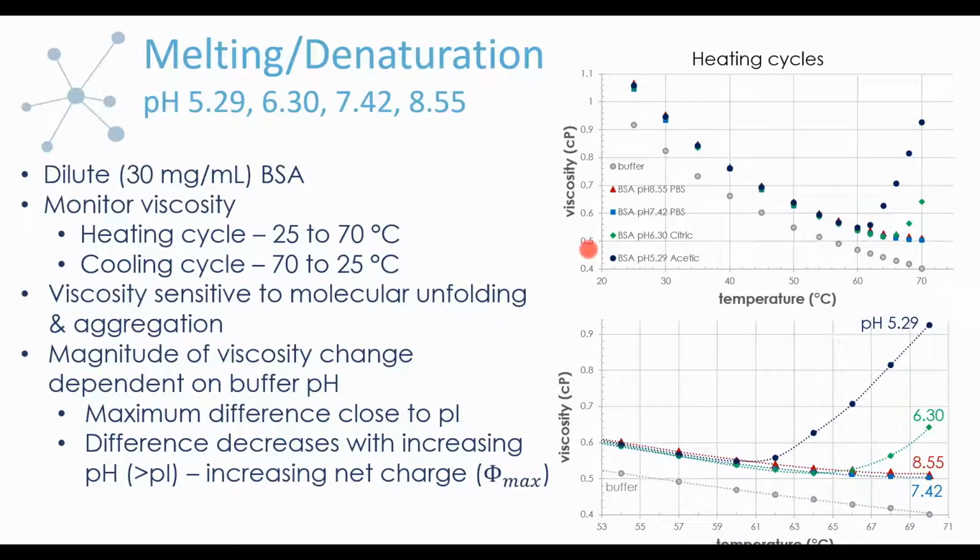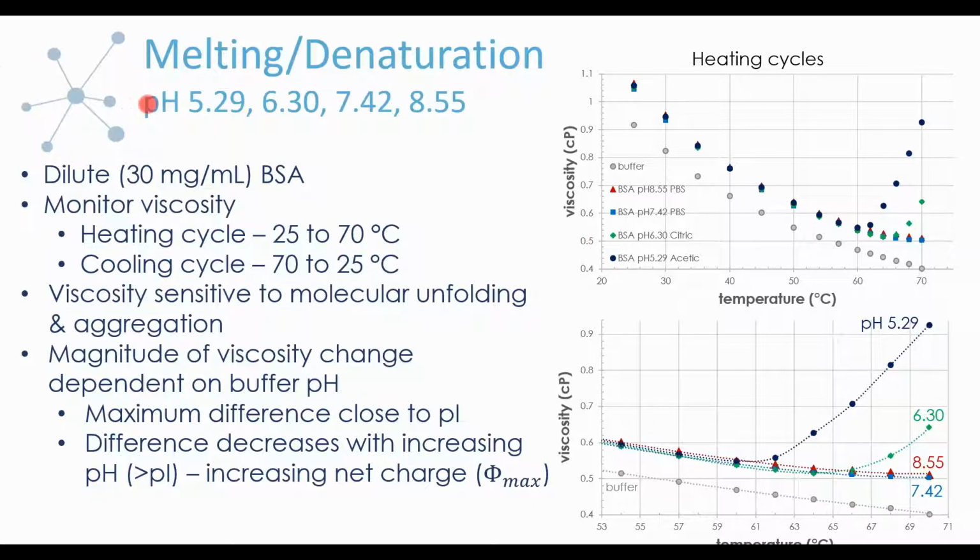We've shown some data in the past for a single buffer composition where we were able to see this transition. Now we wanted to see whether we can detect changes in this behavior in the transition region as we adjust the buffer, and specifically the pH of the buffer, where we know from the literature that we're adjusting the interaction potential and the strength of the potential.